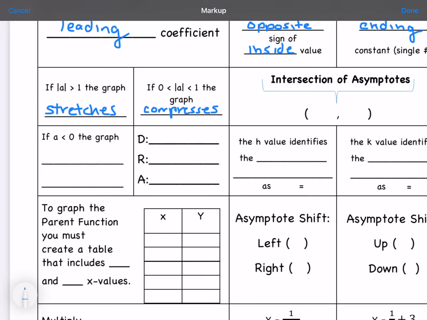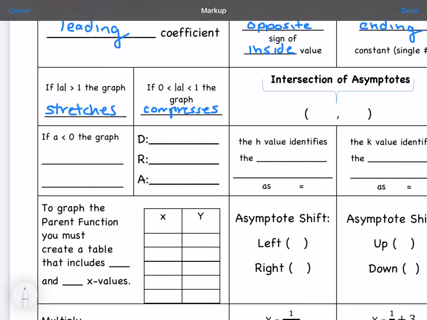And then, what do we usually say if we have a negative a value about the graph? What's the transformation we always say when it's negative out front? What does that do to our graph if it's negative? Turned upside down. Do you remember the word that we use? Reflection.